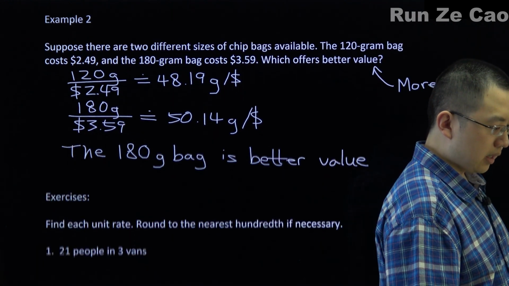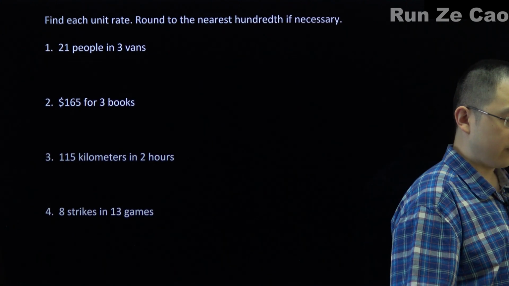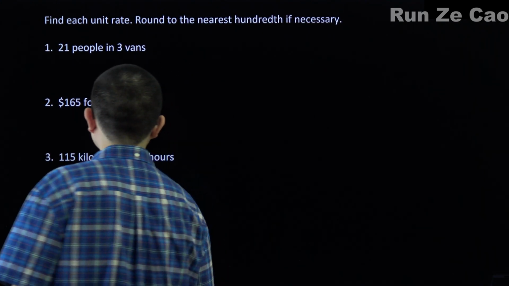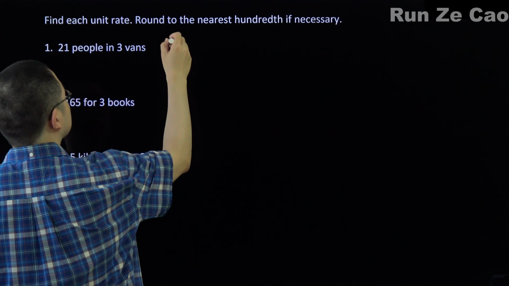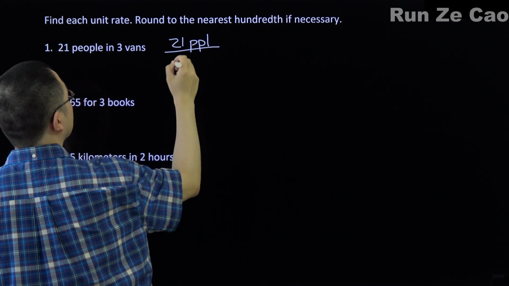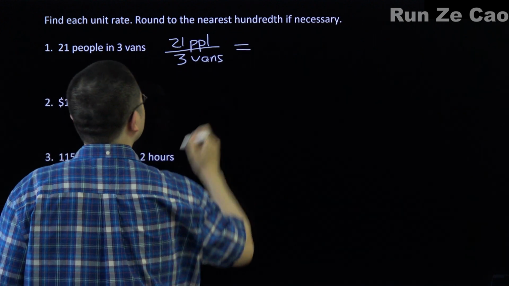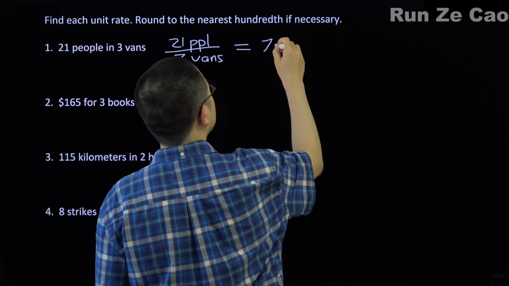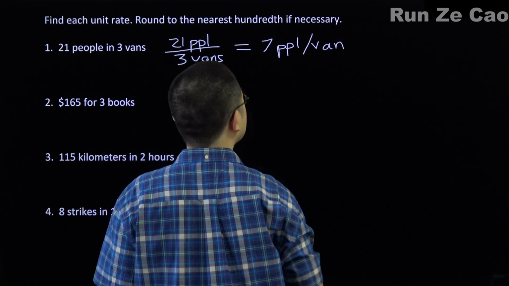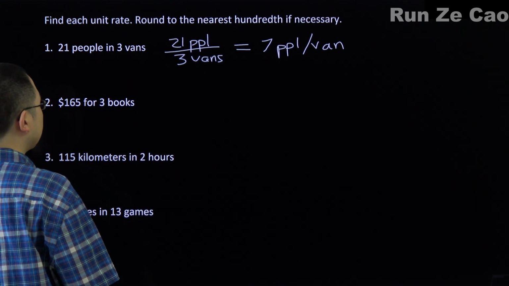Now let's say we gotta find some unit rates and round to the nearest hundredth if necessary. 21 people in 3 vans. Well, 21 people over 3 vans equals 7 people per van. $165 for 3 books.